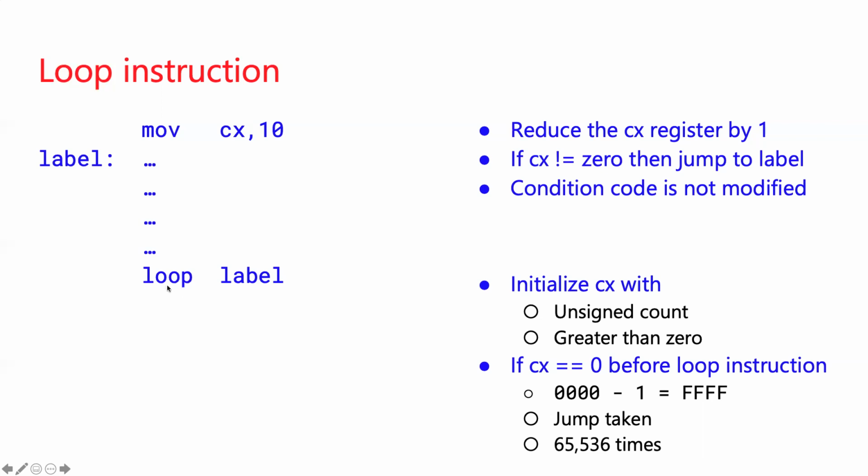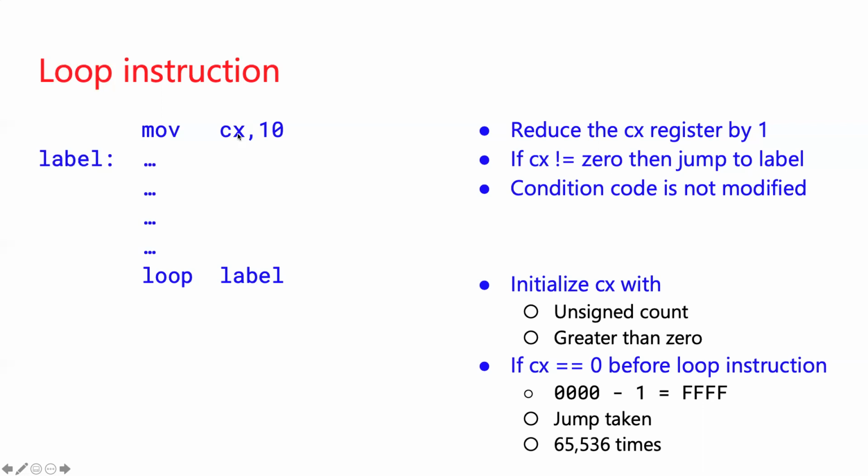You can think of it as treating that variable as an unsigned integer. So when it decrements it, it's not 0 anymore. Now it's the maximum value for a word, around 65,000. And then it'll jump back up to the label because it's not 0. And then it'll keep looping and decrementing it. Eventually it'll stop, but it's going to take about 65,000 iterations before it stops if you start out CX at 0.